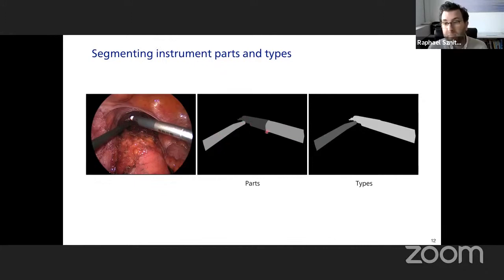But yet at the same time, if you think about it more globally, then really you have two different instrument types that are here. And this highlights the first problem to realize when we talk about detecting instances in these cases, is that for many instruments, their parts look the same, but only very specific parts within those instruments allow you to say something about the type of instrument they are.